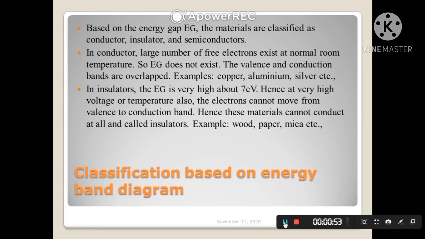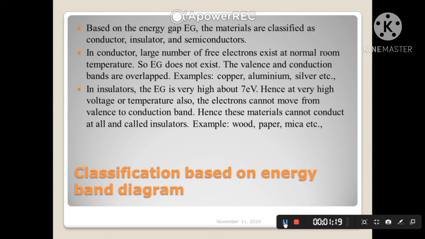Classification based on the energy band diagram. Based on the energy band or energy gap, materials are classified as conductors, insulators and semiconductors. In conductors, there is a very large number of free electrons at normal room temperature. So there will be no energy gap.